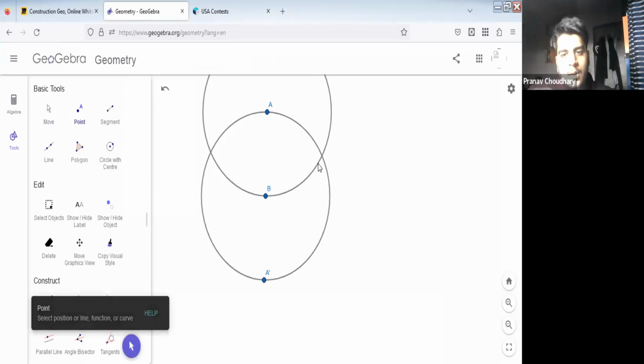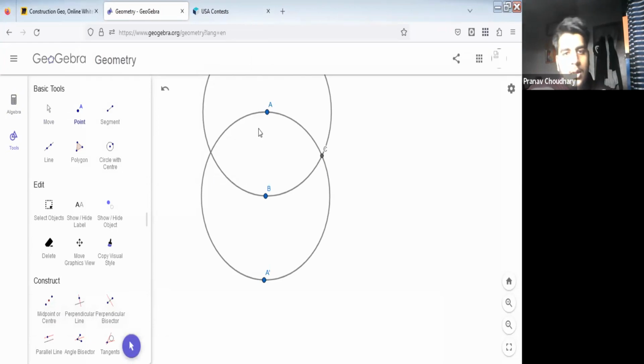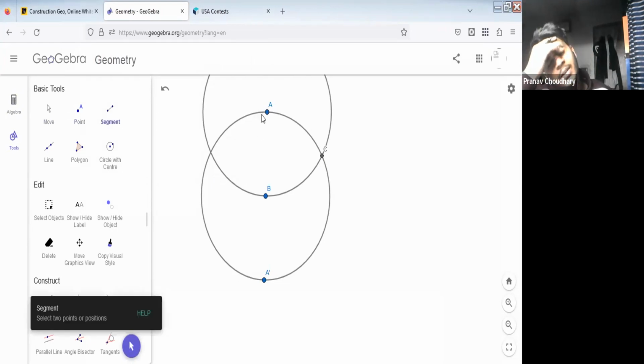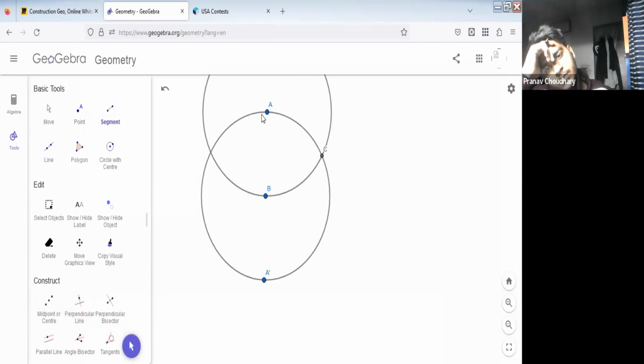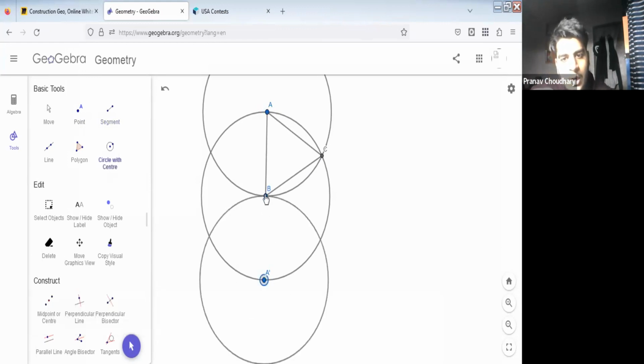Okay, so what to do is you consider this point C. Okay, let me see if I can motivate it. No, I'll just do this. You construct a point C. Now, if you have this point D, C and D are somewhat symmetric, right?